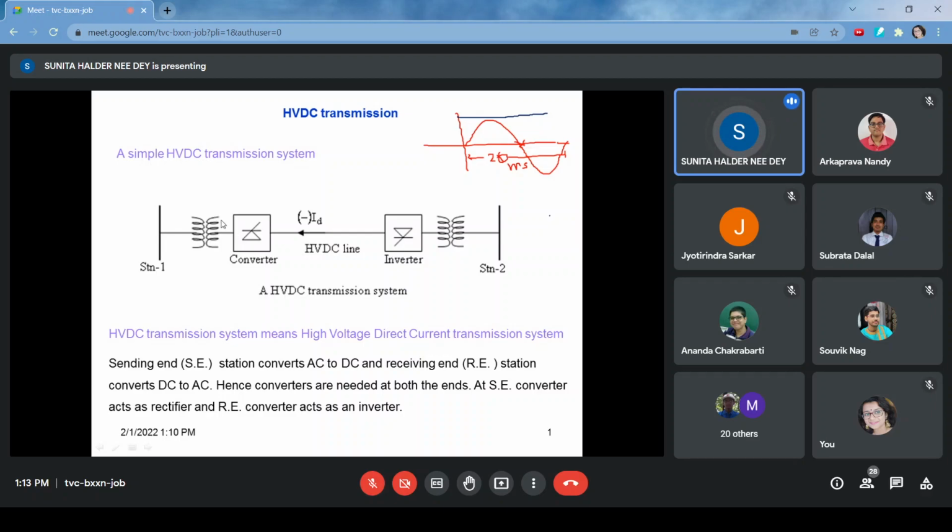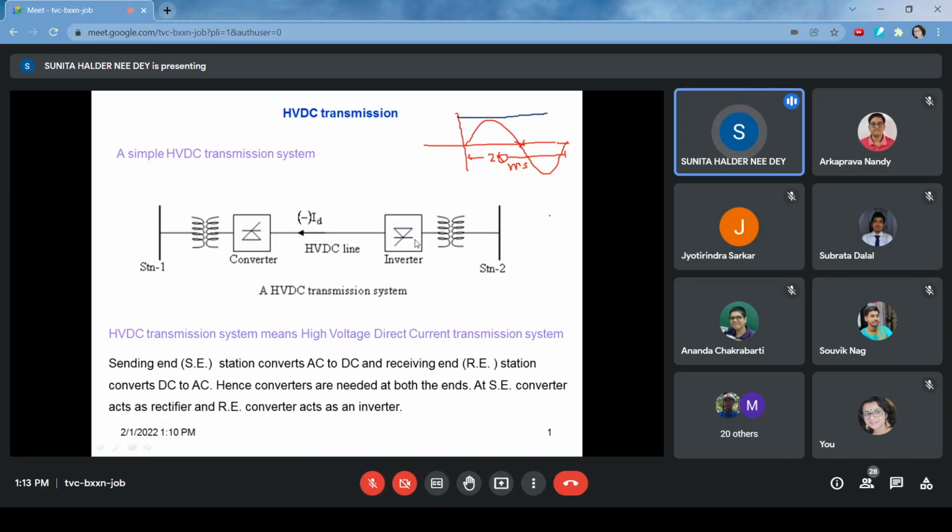Then that high voltage AC will be converted to DC using a converter in rectifier mode, and this DC is a controllable output. That means it is not diode based but thyristor based or based on other advanced switching devices, right? Then that DC current will flow and reach the receiving end, where there should be an inverter.